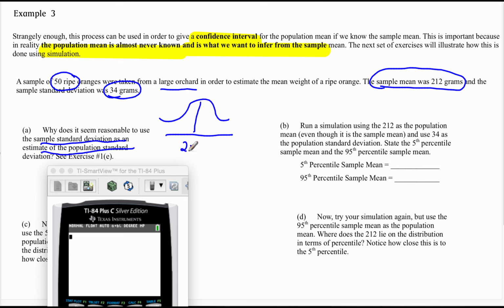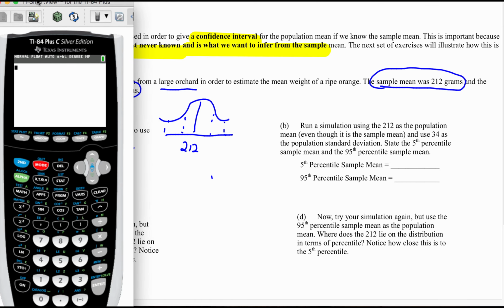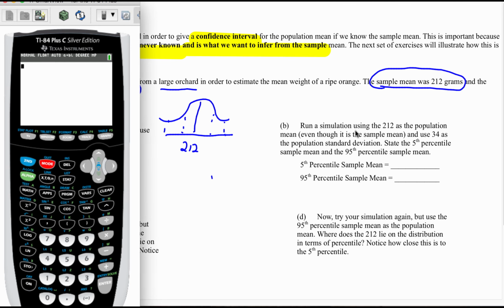We've got 212, and then we've got 34 as our deviation. So we're going to run this on our calculator. We're going to run a simulation here, and we're going to look at the 5th percentile sample mean and the 95th percentile sample mean.